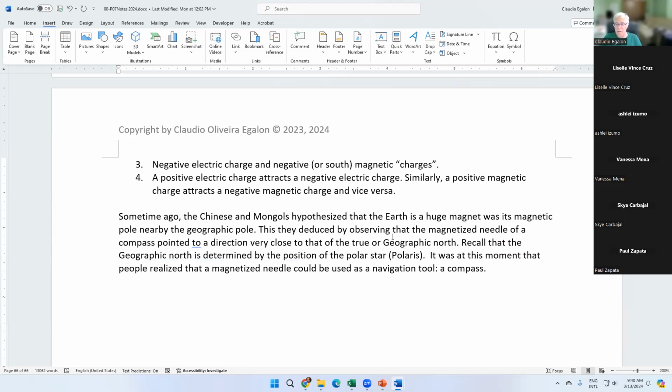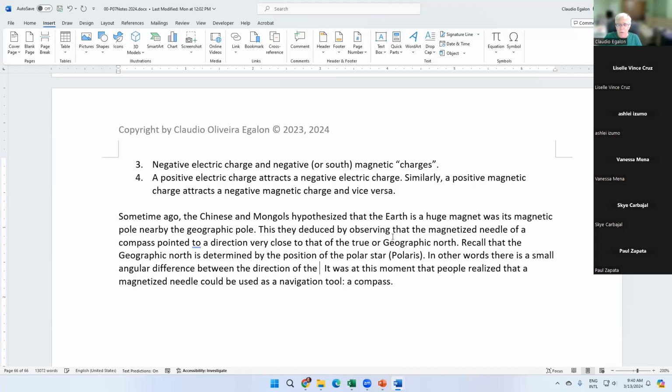So there is a small angular difference between the direction of the geographic north and the magnetic south.